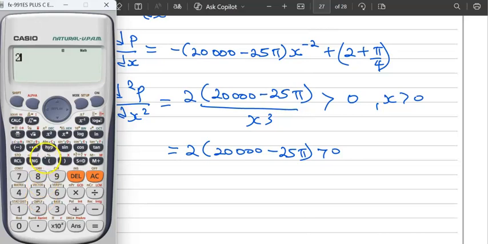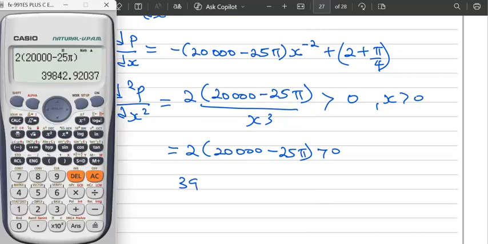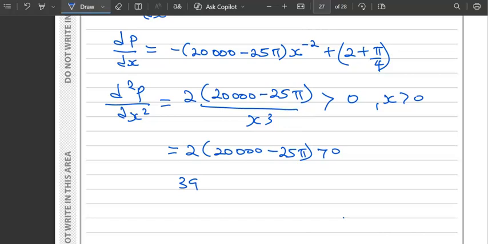So we'll have 2, open the bracket, 20,000 minus 25 pi, close the bracket. It gives you 39,842.9. Of course, this one is greater than 0 because it is a positive number.